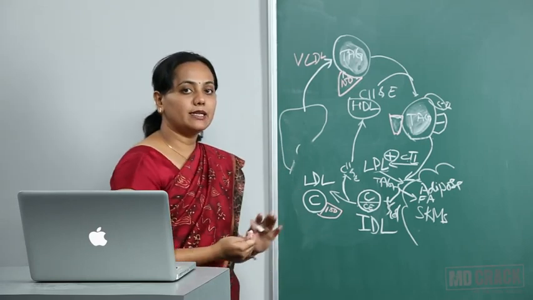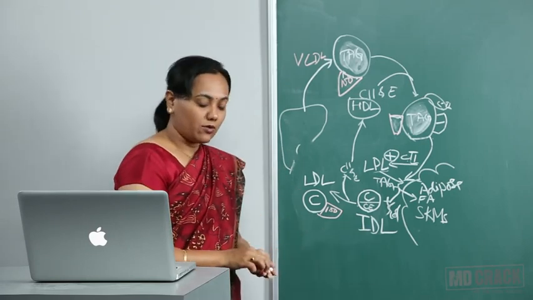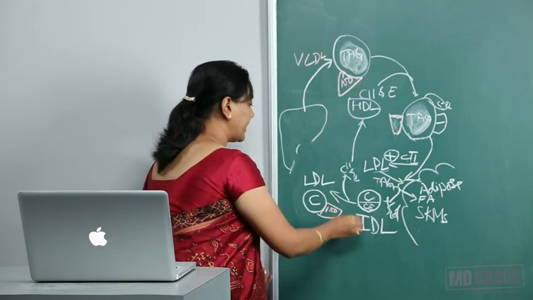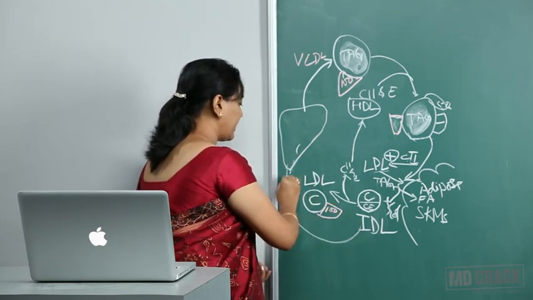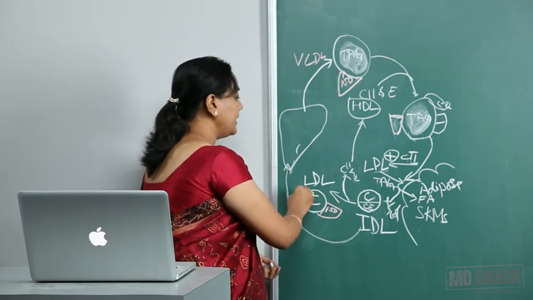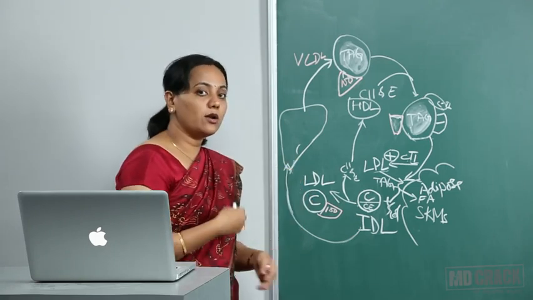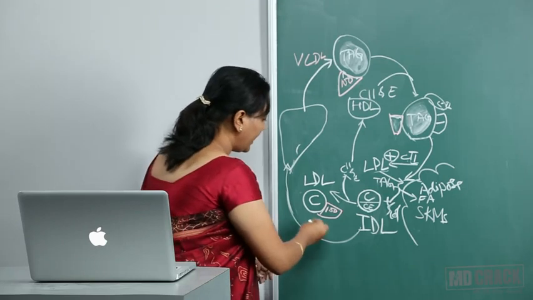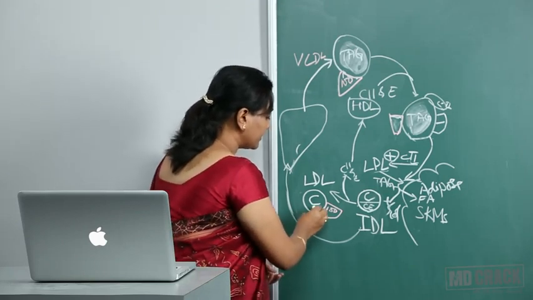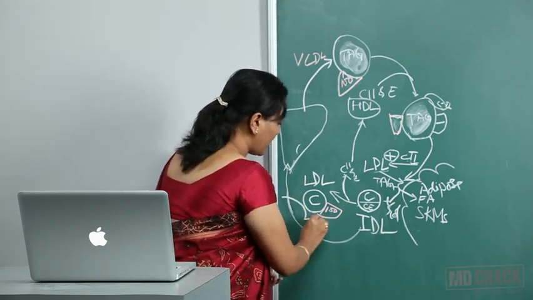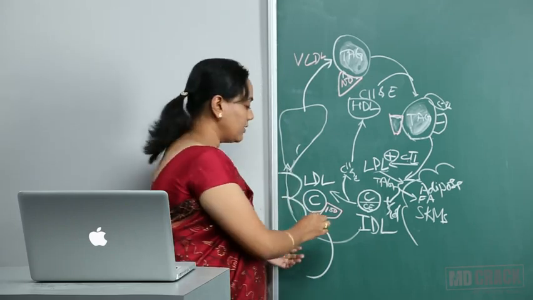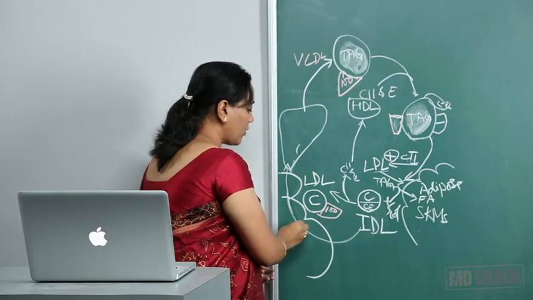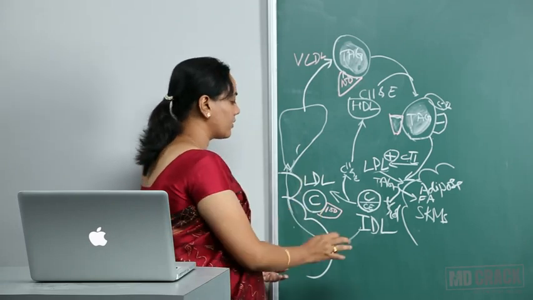What happens to LDL? What happens to IDL? Now IDL can also be retaken up by the liver. It can enter into the liver. LDL, before going to the liver or before going anywhere, goes to the extrahepatic tissues and gives this cholesterol to all the tissues. It is still there in the circulation.